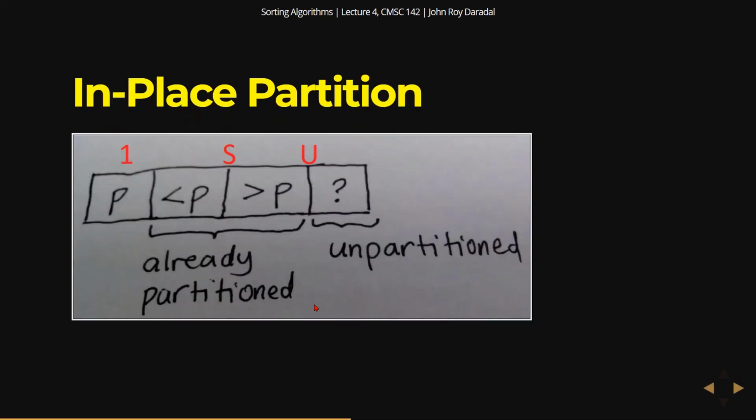So you could do something like this, wherein at the first position you put the pivot here, and then from 2 up to s, something called s as the variable, that's less than the pivot. Then from s up to u, that's greater than the pivot, and then after u, that would be unpartitioned pa, so it's not yet done.